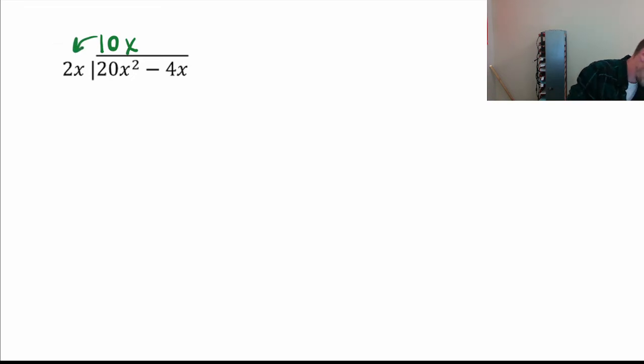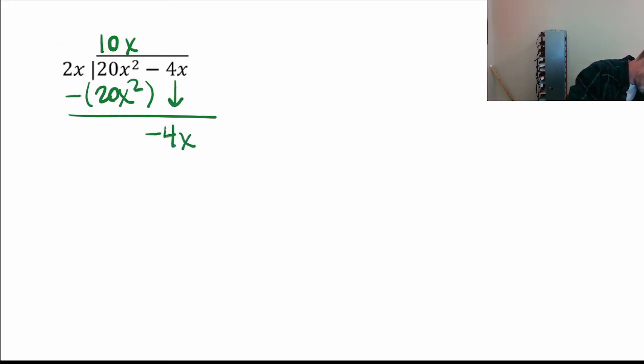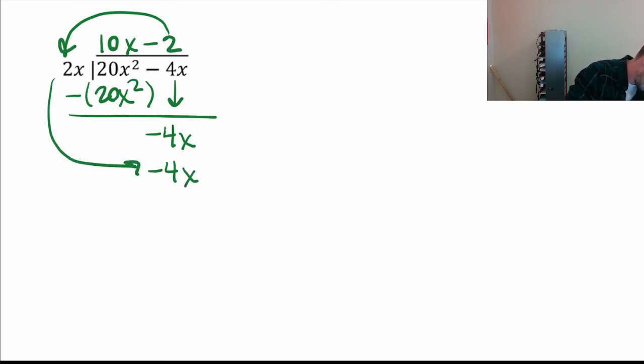And then just like before, I multiply down. Okay, 10x times 2x is 20x squared. And then I subtract that and I'm left with 0. And I drop down this negative 4x and I say, what do I multiply 2x by to get negative 4x? And that would be negative 2. Again, I go and multiply there. Negative 2 times 2x is going to be negative 4x.